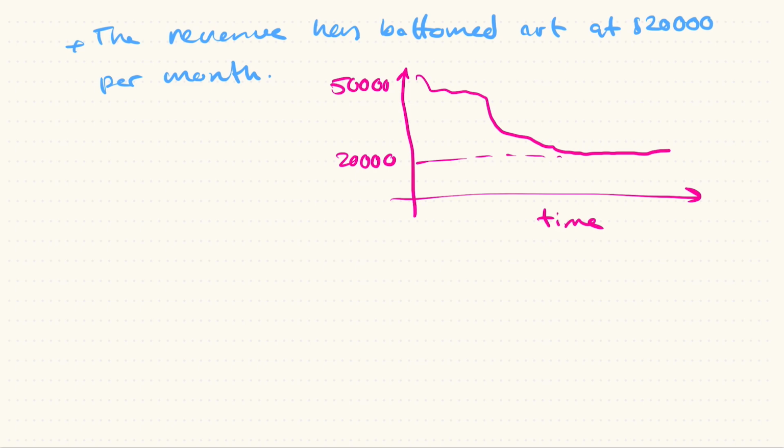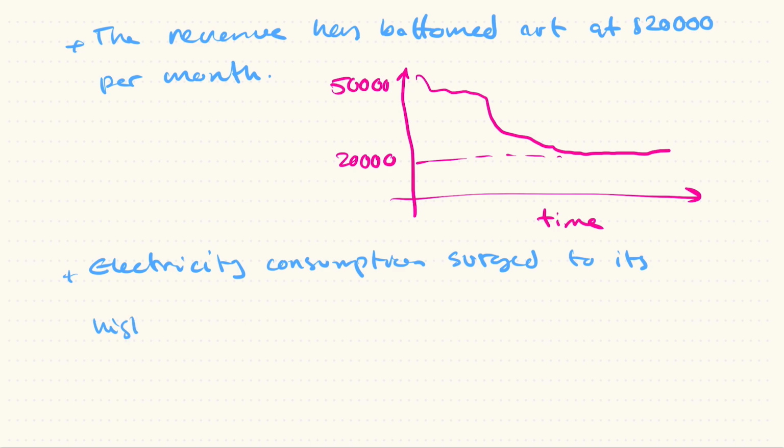For example, you can say electricity consumption surged to its highest point of 5,000 kilowatts in July, and that is typical because in summer people use more electricity to cool themselves down.